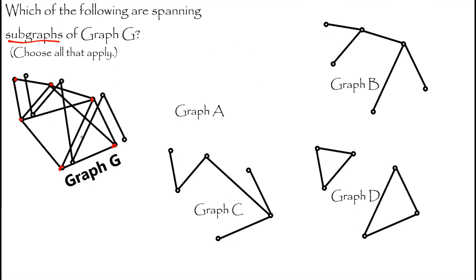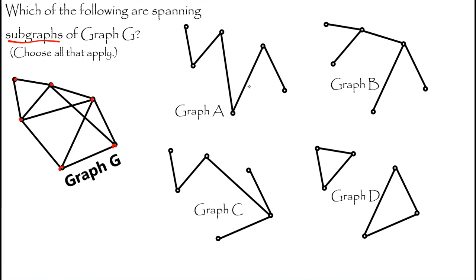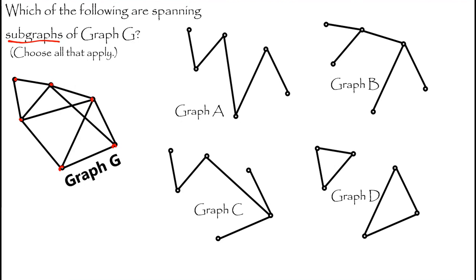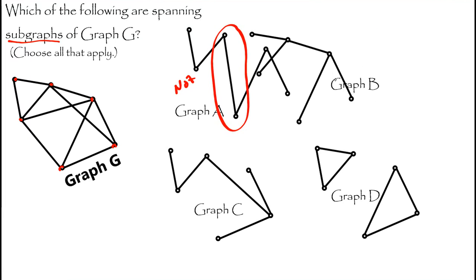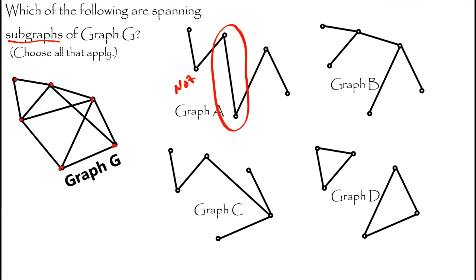So graph A, when I pull it over here, I see it has an edge that is not a part of the parent graph. This edge does not belong, so graph A is not a spanning subgraph. The rest of these will be, because it has all 6 vertices and the edges come from the parent graph.